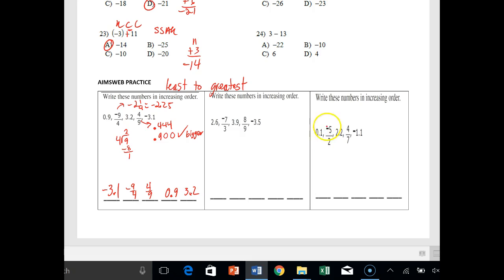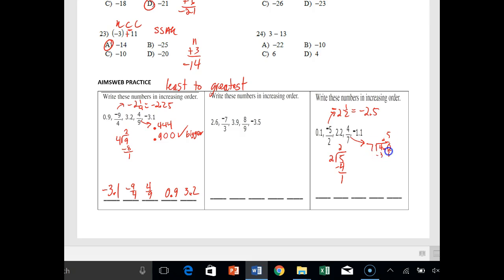Let's do one more together. So 2 and negative 5. 2 goes into 5 2 times. That's 4 with 1 left over, so this is really negative 2 1/2, which is negative 2.5. And then this 4/7. I haven't taught you the sevenths, but you could divide 7 into 4. 7 into 40 goes in there 5 times.